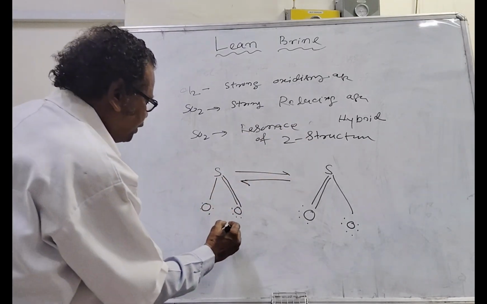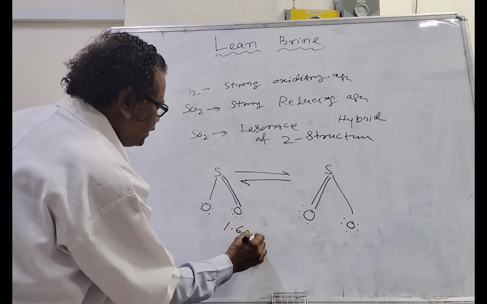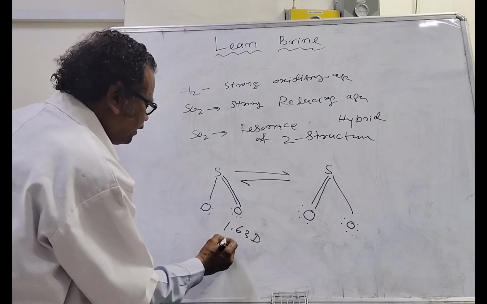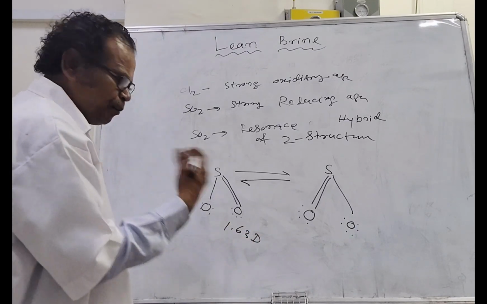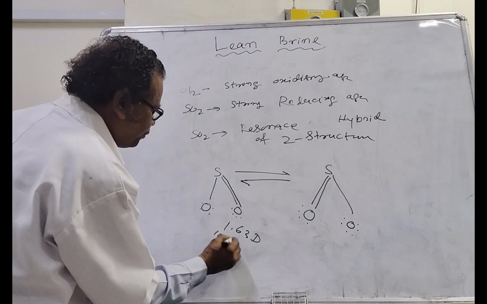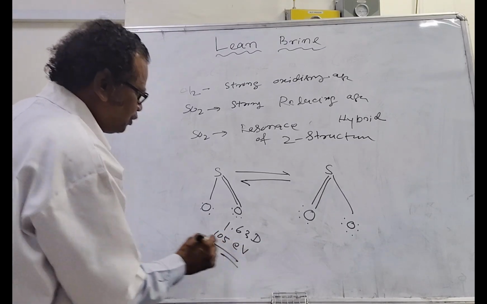Its dipole moment is 1.63 D, and its electron affinity is 1.05 electron volt.